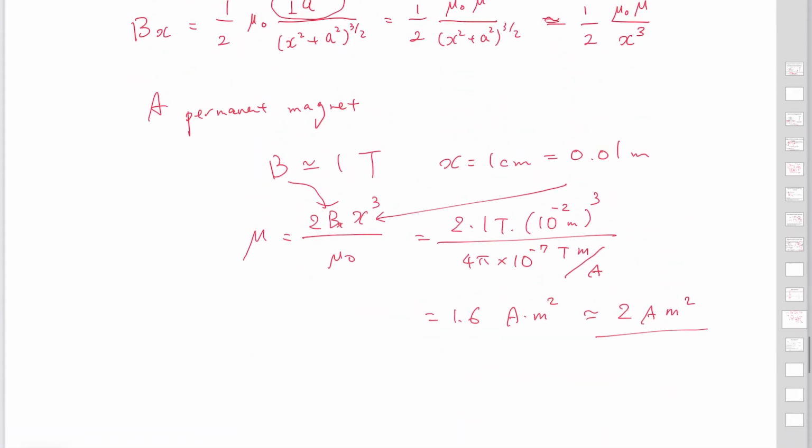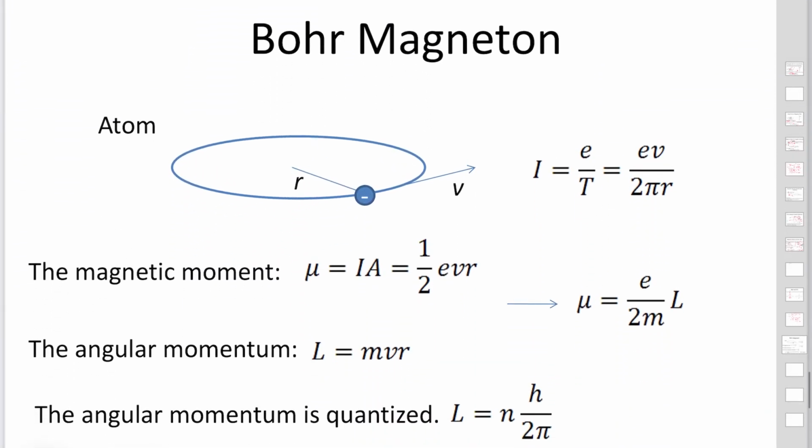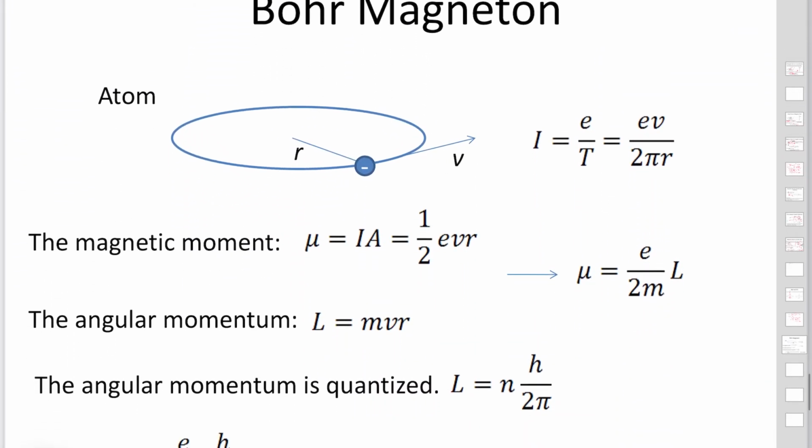How can we create this magnetic moment? We could consider the atoms. At the center, the nucleus has a positive charge, and the electron has a negative charge and is circulating around the nucleus.